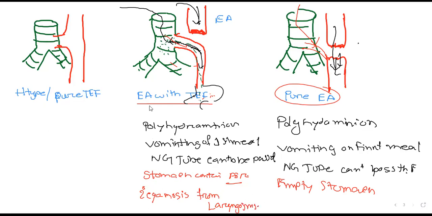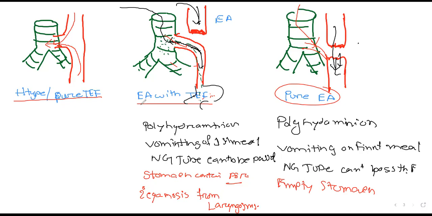Now here we come to this type, H type, or pure tracheoesophageal fistula. It is pure because the fistula is present from the esophagus to the trachea. So what will be the effect?